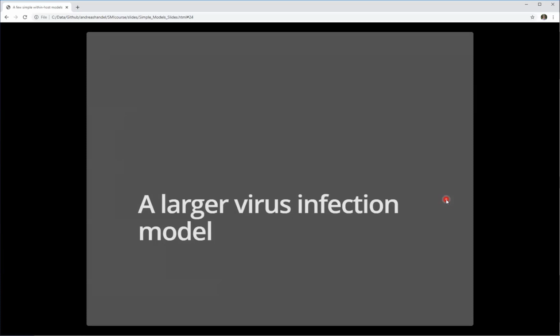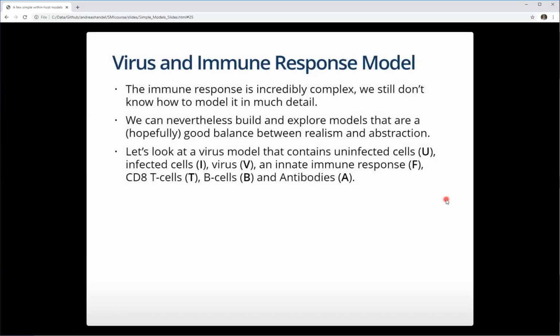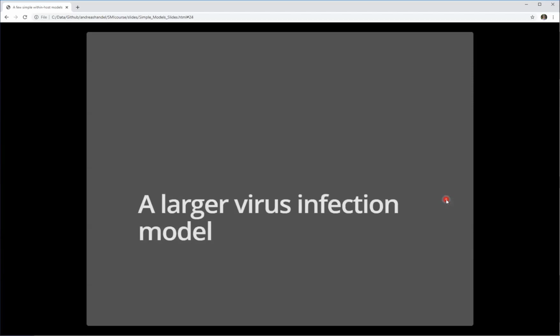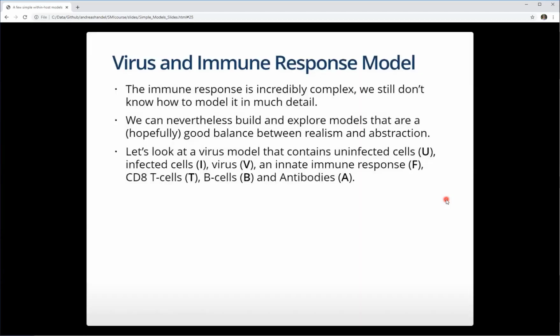I'm spending 1 or 2 more minutes on an extended model that now includes some immune response, just to show you how it could be included. And you've learned in that whirlwind tour from Paul that the immune response is very complex, and of course we still haven't fully figured it out, and there's lots going on, and there's no way we can build a model that has every detail of the immune response.